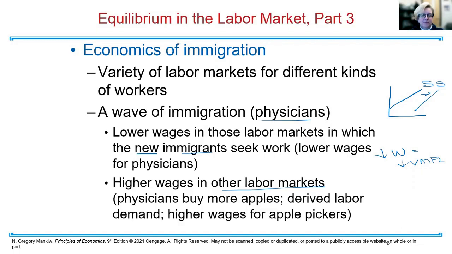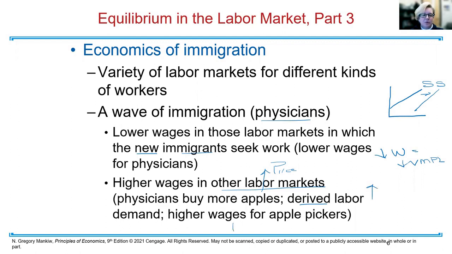But what happens is higher wages will happen in other markets where immigrants do not perhaps come in immediately. Because again, we keep with our apple idea here. Maybe physicians buy more apples, let's say, okay, that's true. So then because of the increase in the price in the marketplace for apples, there's going to be a higher demand in the labor market for apples.